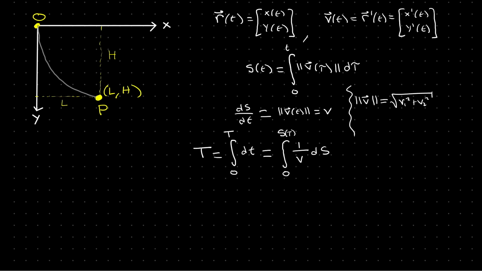This is just a u substitution, going from the t integral into the s integral using the fact that the derivative of arc length with respect to time is v. Now, this is not in the final form that we want it to be in. We have one more thing that we need to do to get this integral into an x integral, which is how we're going to approach this functional problem. We want to try and solve for y as a function of x, if at all possible.